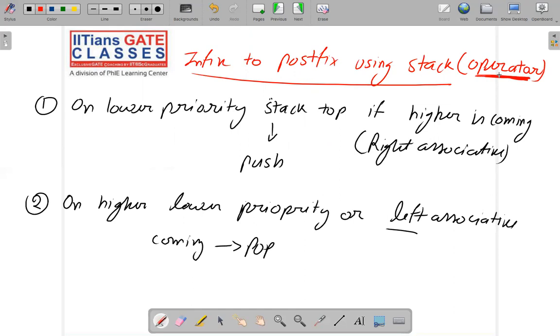And the rule is on low priority. If there is some operator in the stack already, we have gone through some of the infix expression, and we are in the middle of some operation, and we are comparing that operation to the top of the stack, because I already explained on a stack we can do push or pop on the top.